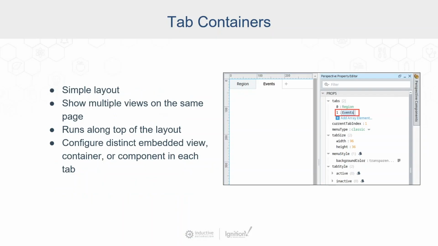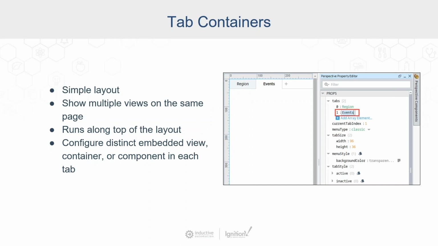Okay, so the tab container is a really simple layout, and it allows you to define tabs that run at the top of the layout. As you can see here, for example, region and events. So it's a true tab layout where in each of those tabs you can have a component or an embedded view that can be whatever layout you want within that. And what's important about this one is that the tab container, the reason that we have it as a container, is that it only activates the contents when you're on that tab.